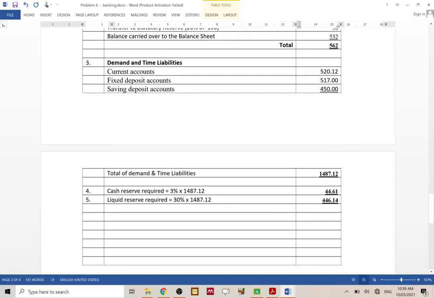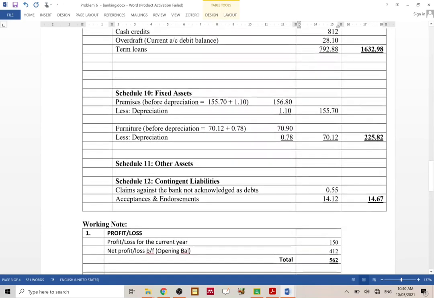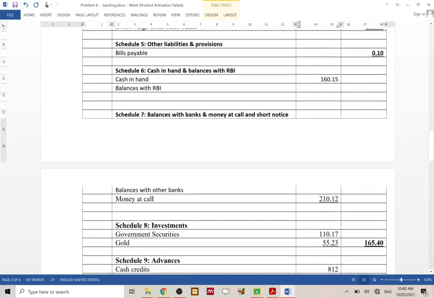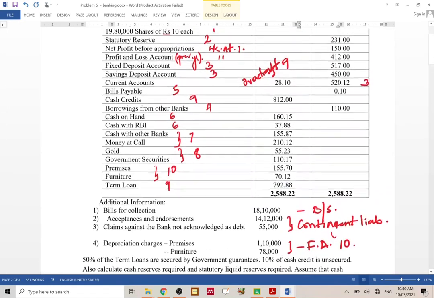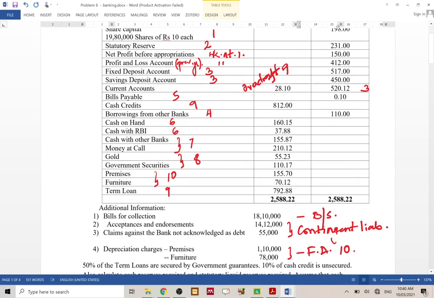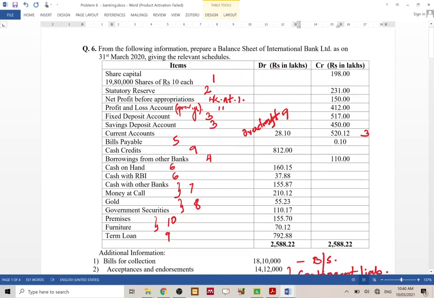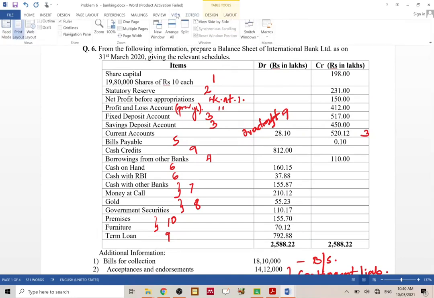So the expected reserves are these that have been made mandatory by RBI, and we have to check how much in the problem has been already maintained as a reserve. So here you have, this is the problem. Here you have been given that cash with RBI is 37.88.